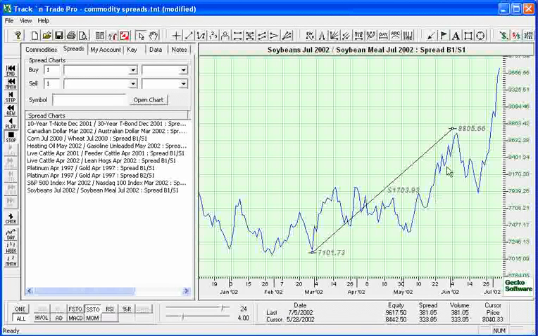You'll also see these margins are high, especially compared to when we were looking at the delivery spreads, or even compared to the intermarket or exchange spreads that we've looked at thus far. But the volatility within this type of spread is much greater as well. Well, this is more like trading a straight-out futures contract. It really is, and all the same tools that you use, you can use within this.